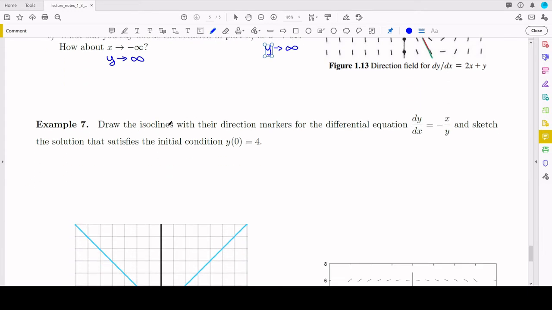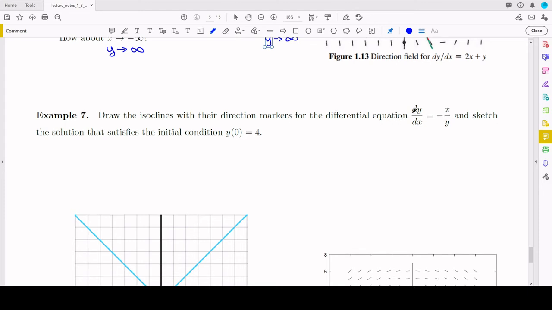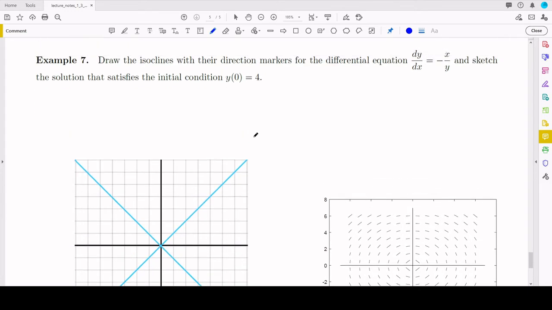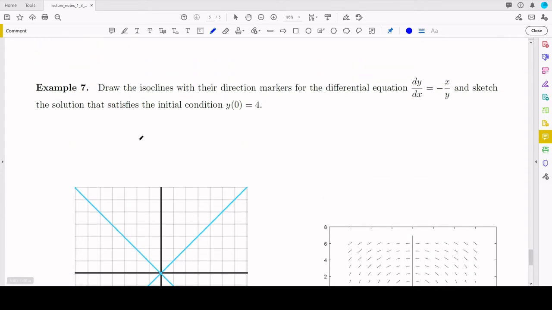Okay, the next example, we want to draw the isoclines with their direction markers for the differential equation dy dx equals negative x over y, and sketch the solution that satisfies the initial condition y of 0 equals 4. Okay, so for the isoclines, we set f of x, y equal to c, right?